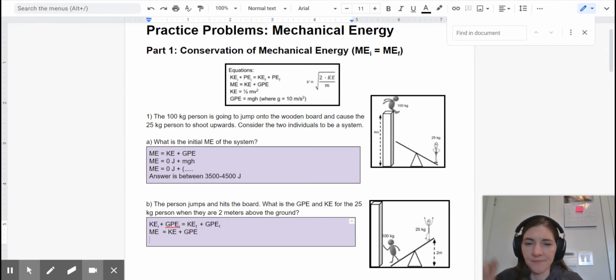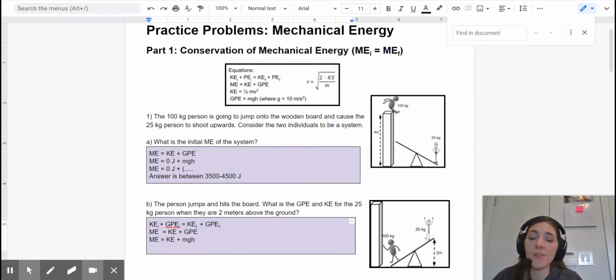Now, I have no velocity, so I cannot calculate KE. However, I do have a mass and a height. That means I can calculate GPE, because that is mass times gravity times height. Using that, you know what the mechanical energy of the system is, since this is the conserved part.